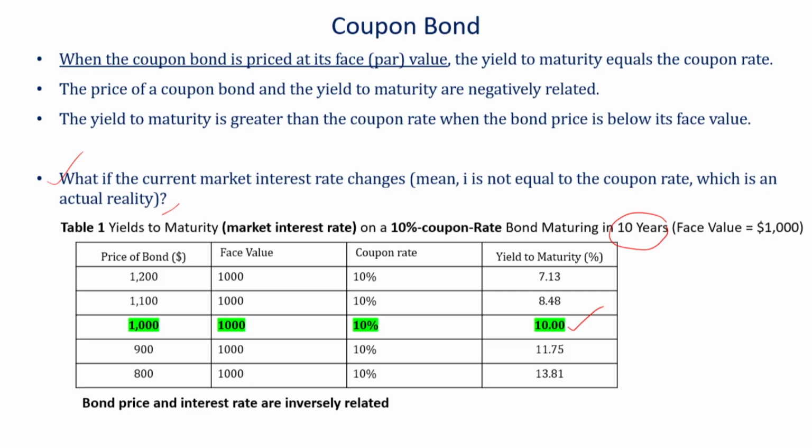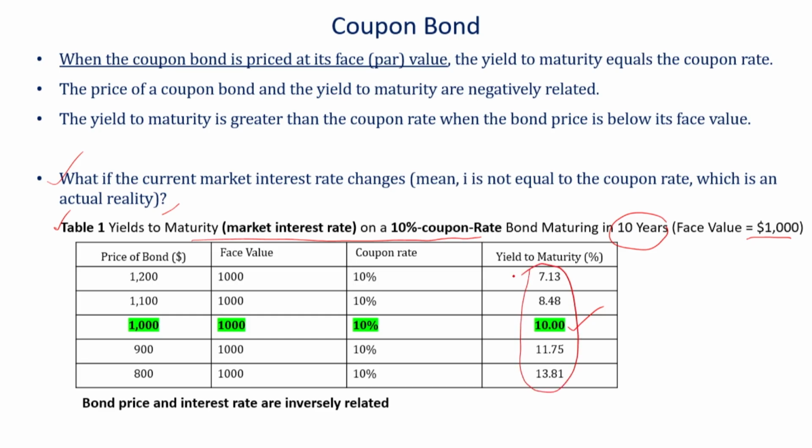So in this illustrative example using this table, you just go through this line: the yield to maturity, that is the market interest rate, on a 10-year coupon bond maturing in 10 years, with a face value of 1000. What we are doing here is changing the yield to maturity.